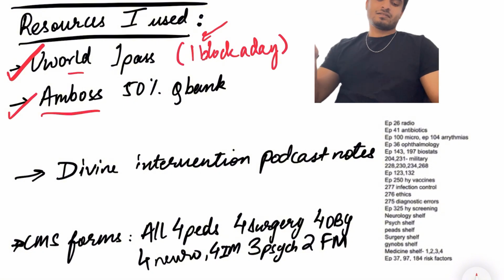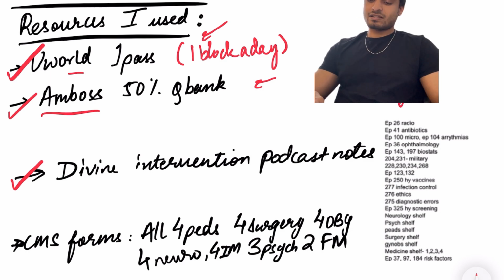I'm going to tell you how much I averaged on these so that you get a perspective of where I'm coming from. Next thing I did, while doing Amboss, was I also looked at the Divine Intervention podcast notes. A lot of people look at the lectures, but I am not a person who likes to look at lectures, and it's just something that I don't learn well from. I like reading notes. I like highlighting things. I like revising things from there.